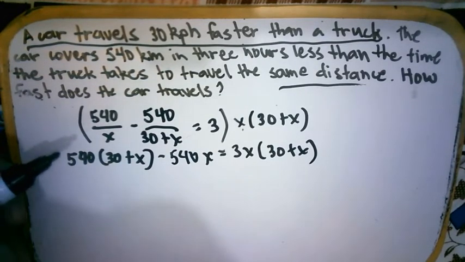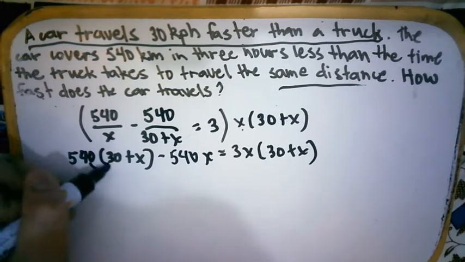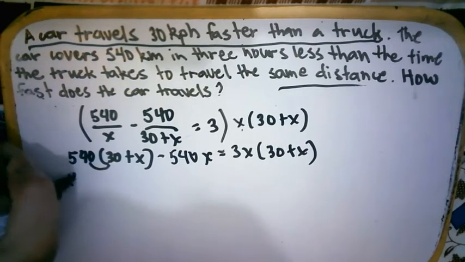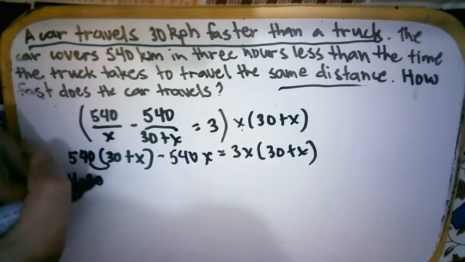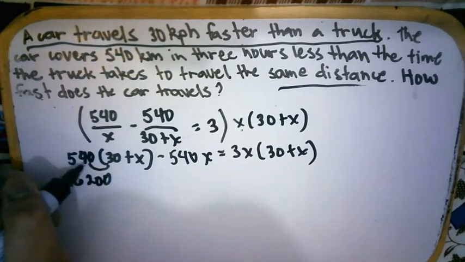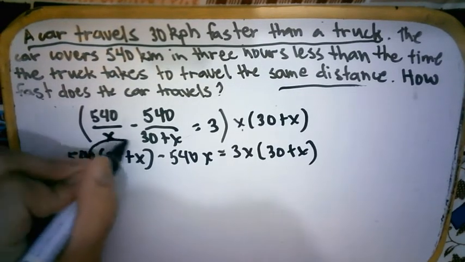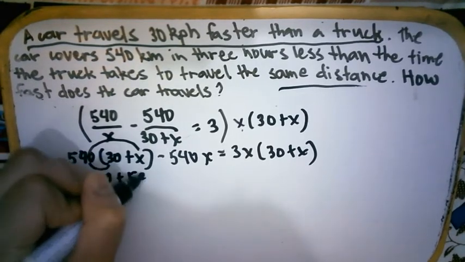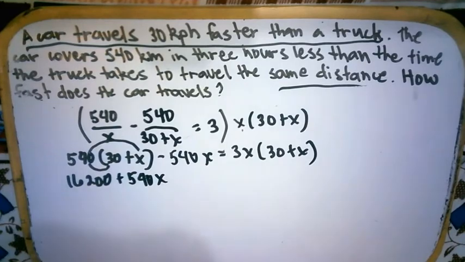So we're going to do distribution method. So 540 times 30. So that will be 16,200. And then 540 times x. So it will become positive 540x.